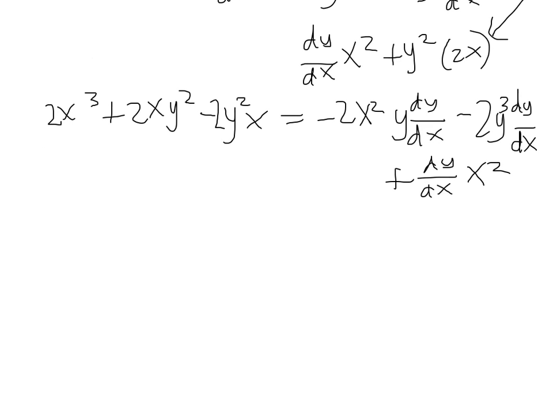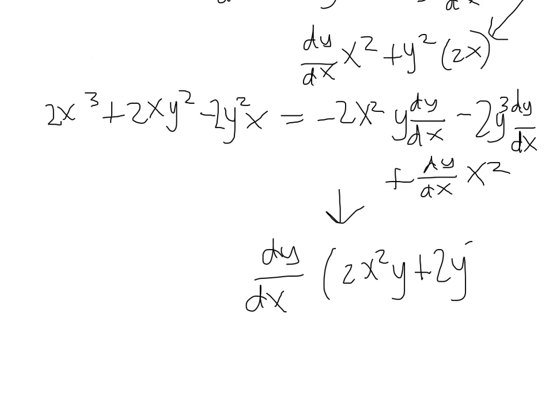And then we'll finally start subtracting our dy/dx's to the other side and our other like 2x variable ones without the dy/dx to the other side. So for this side, we're going to do a dy/dx, taking out a GCF, and we will get, after combining like terms and such, 2x squared y plus 2y cubed minus 2x squared.